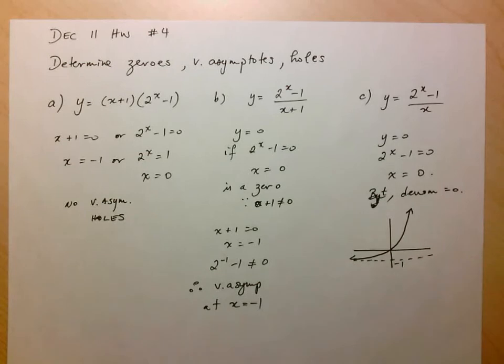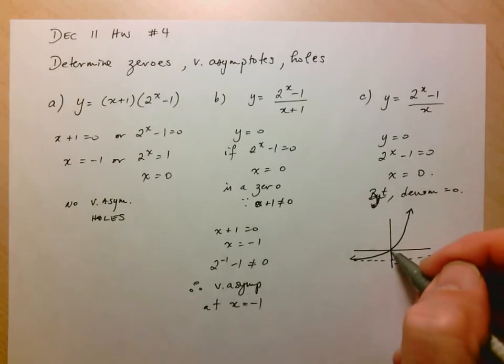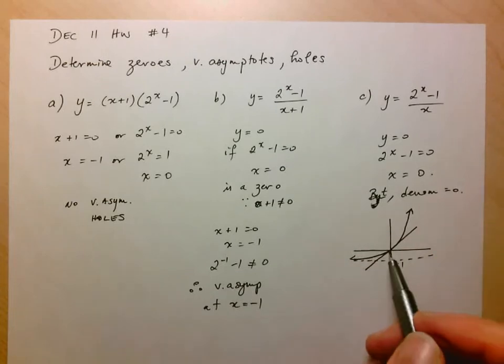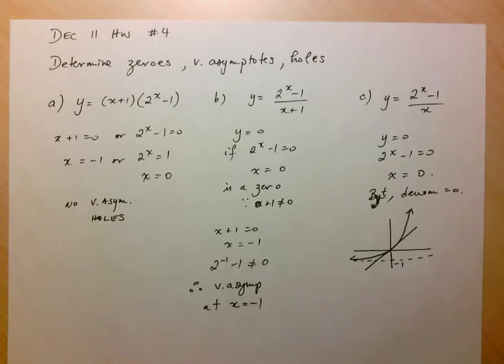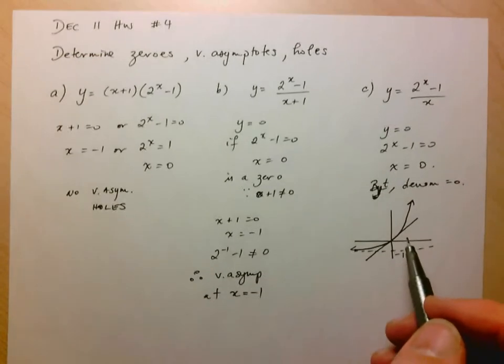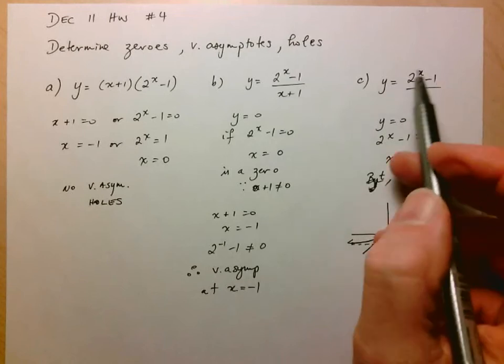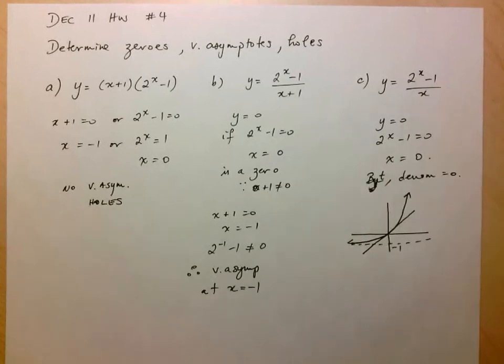Now if I draw y equals x, it's going to look something like this. When I look at these two functions, it doesn't look like one approaches 0 much quicker than the other. Again, this is not the best of graphs, but my sense would be that I'm probably going to have a hole at x equals 0. So what other options do I have?